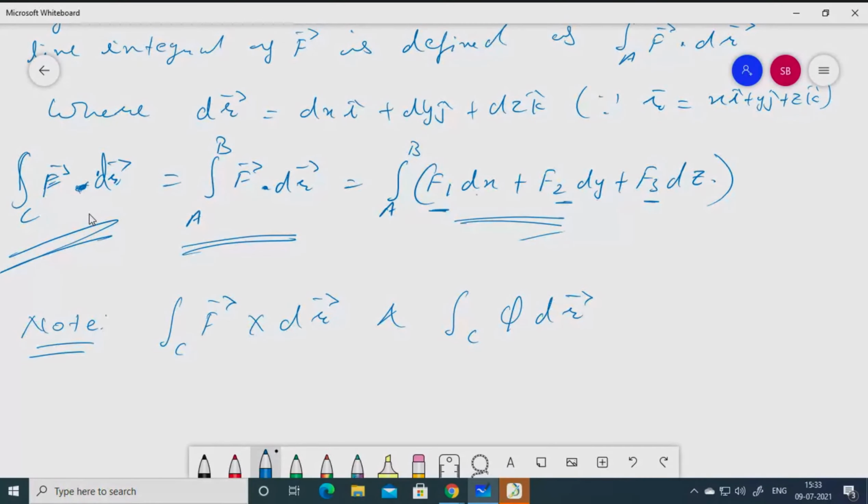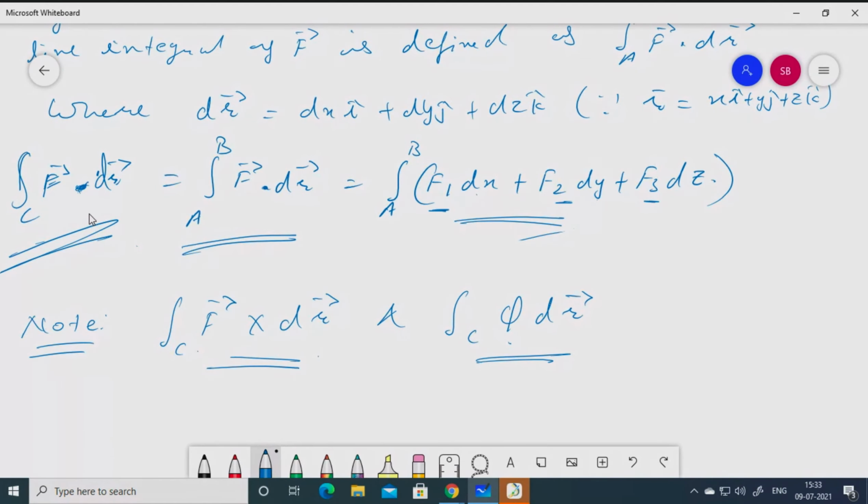So here we have taken the dot product, here in this case it's the cross product, and here it is a scalar function. In the first two cases f bar is a vector, and we take a dot product or cross product with dr. Whereas in the third case, this function phi is a scalar function.